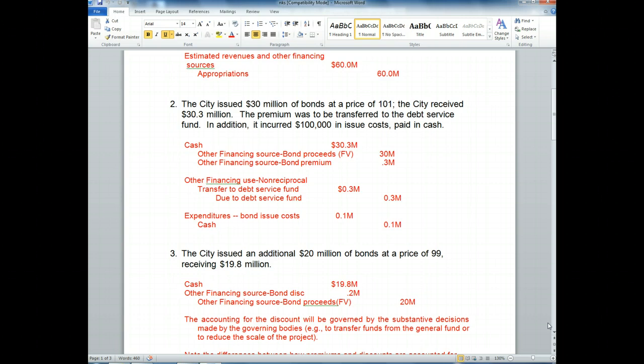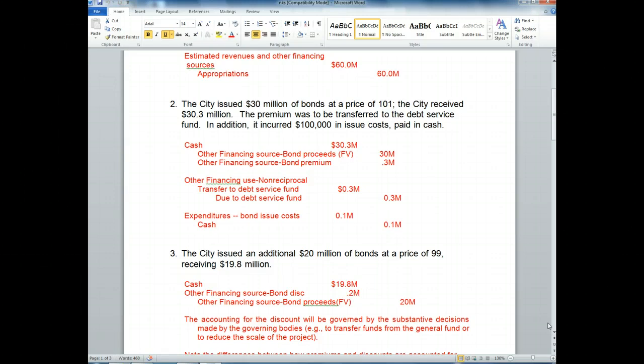Then it tells us that it incurred $100,000 in issue costs paid in cash. Here you see it's an expenditure, bond issue costs, and we're crediting cash. Now guys, you will have a problem, and it is in a lecture, where sometimes it will say the premium minus the bond issue cost will be transferred over to the debt service fund.